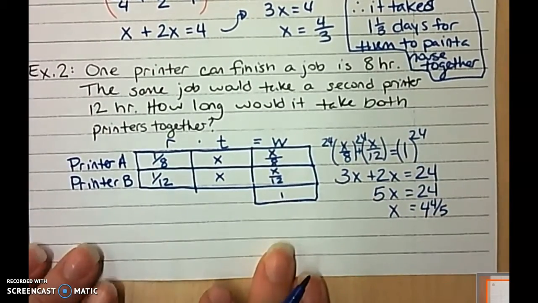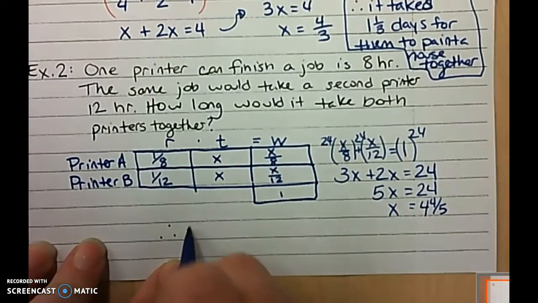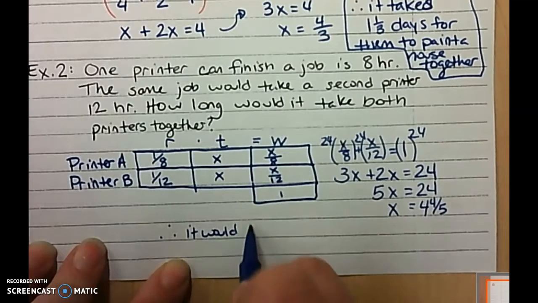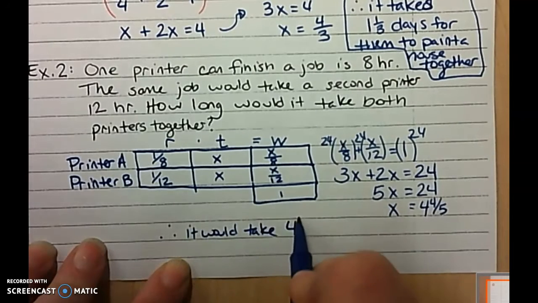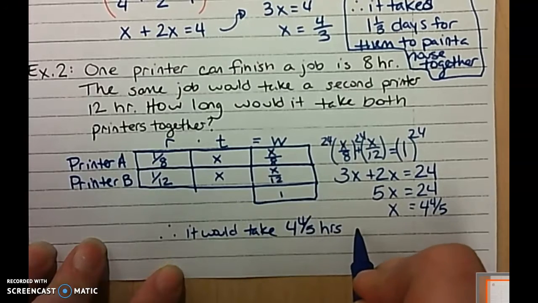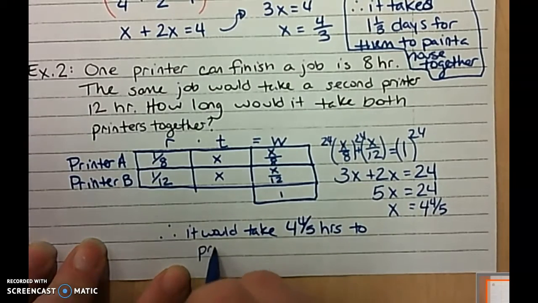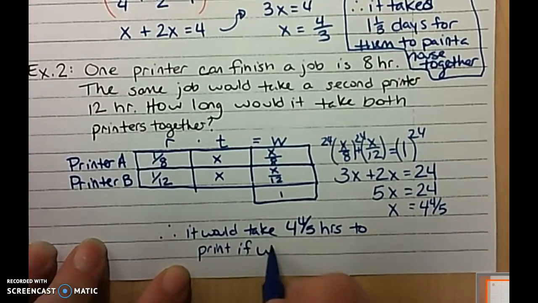Okay, hopefully you're getting x is 4 4/5. So therefore, it would take 4 4/5 hours to print if working together.